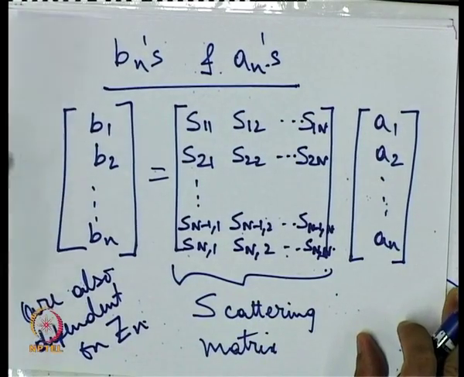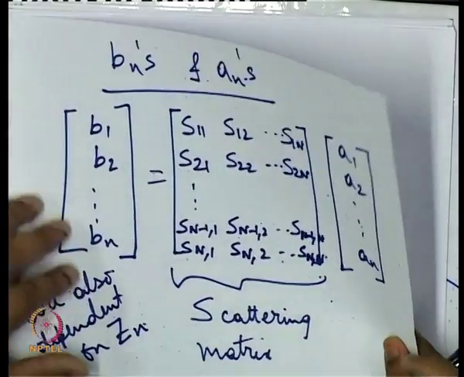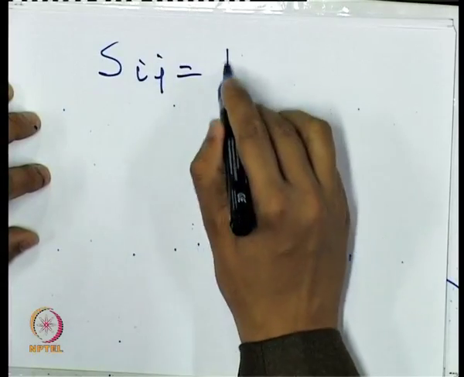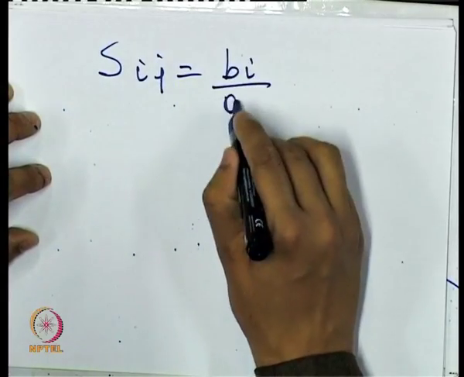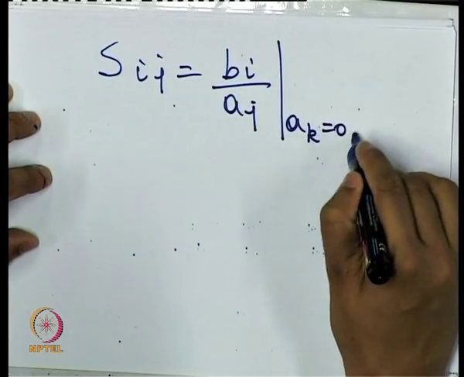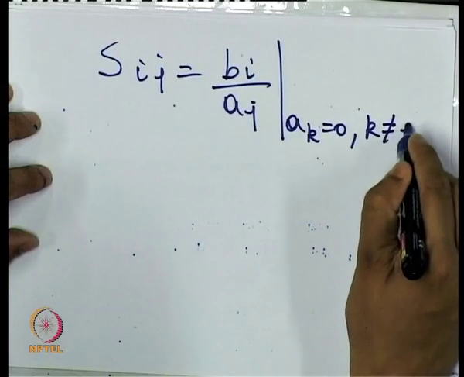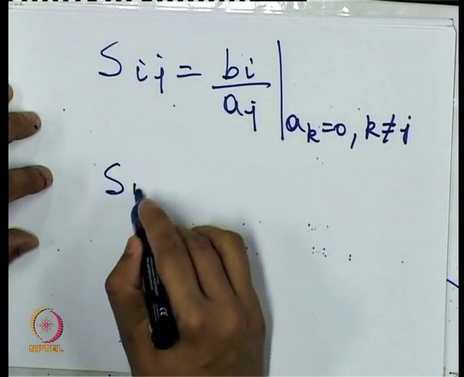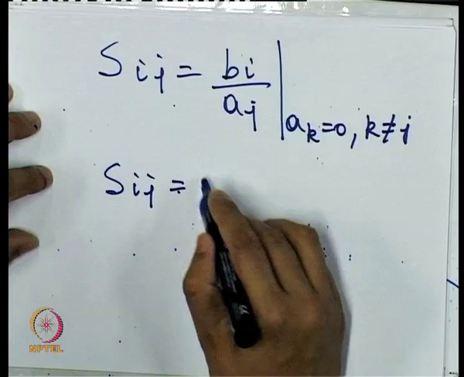So, if we want to define a particular S parameter, then the formal definition of Sij is given with Ak equal to 0 for k not equal to j.